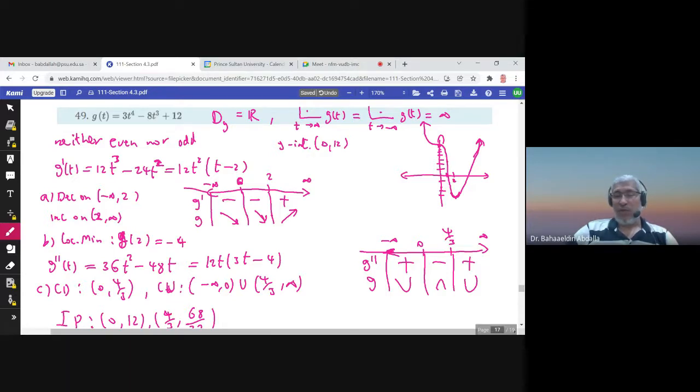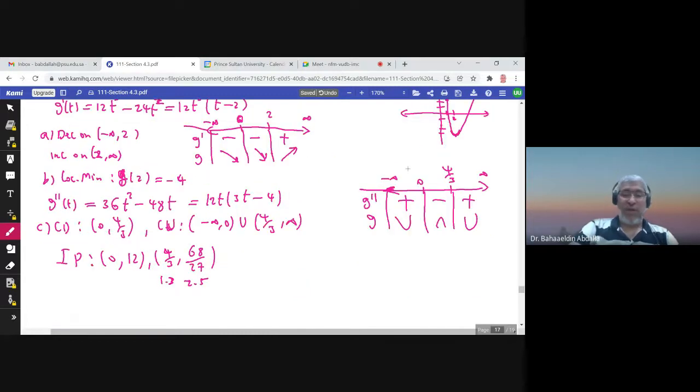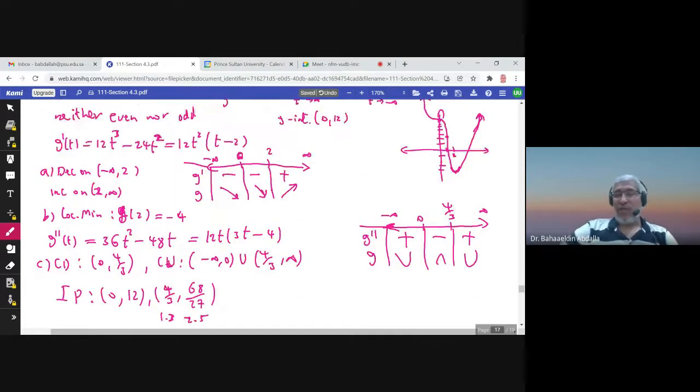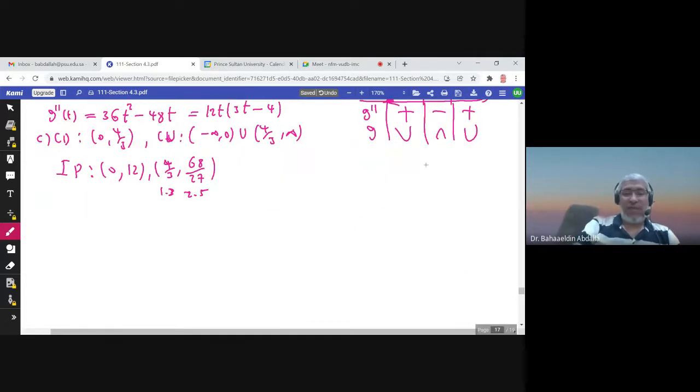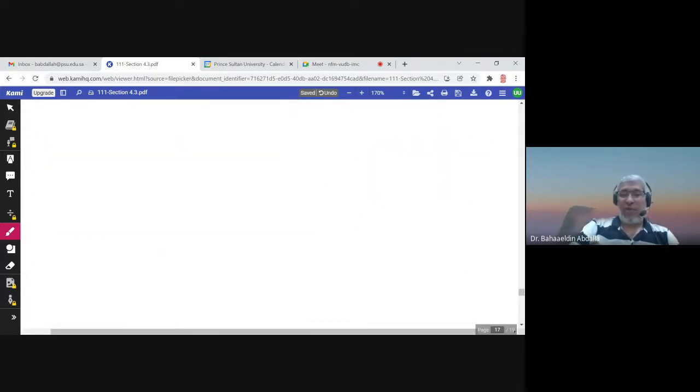So somewhere here, 1 point something and 2.5 is an inflection point. It was concave down, and then it becomes concave up here, concave up from 4 over 3 up to infinity. So that's the graph actually, but let me write it again more accurately.